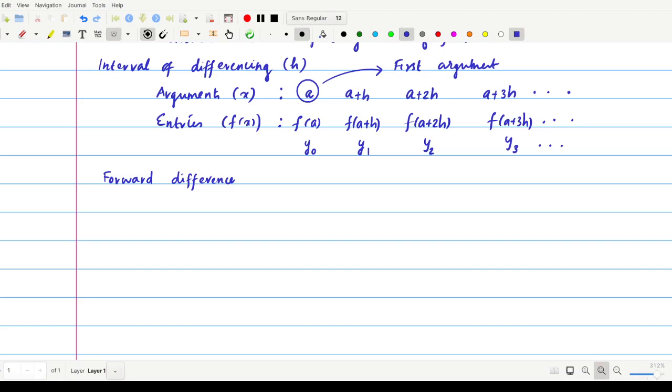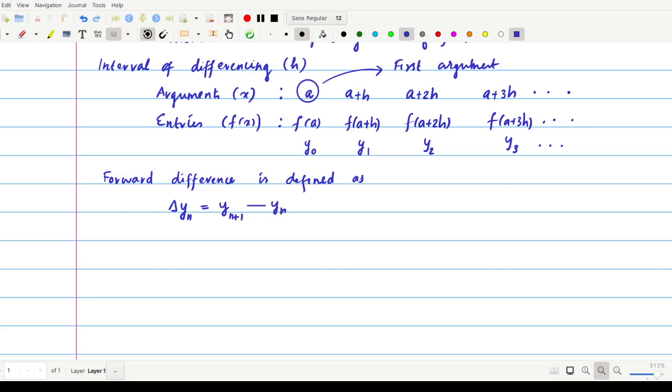Forward difference is defined as delta yn is equal to yn plus 1 minus yn.